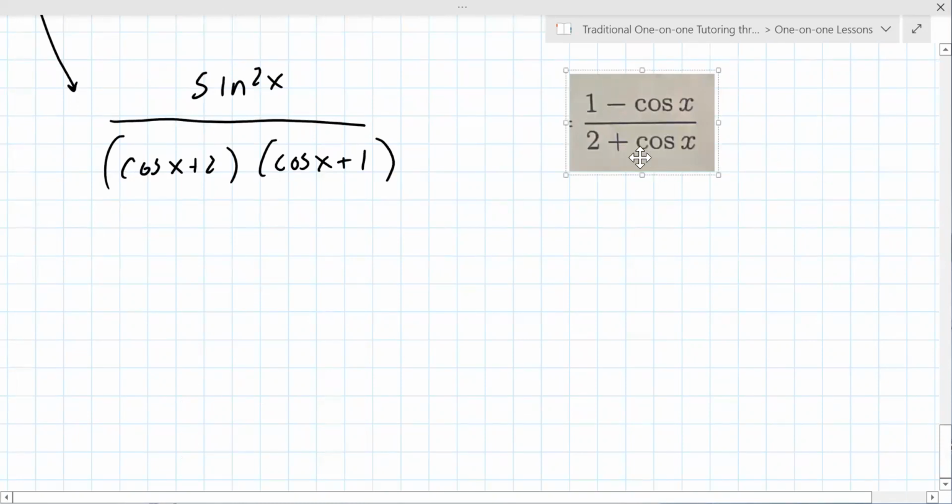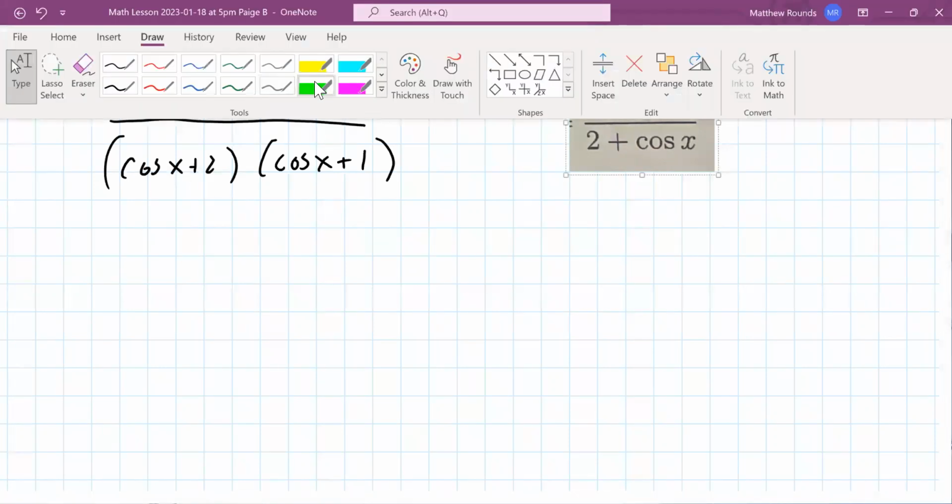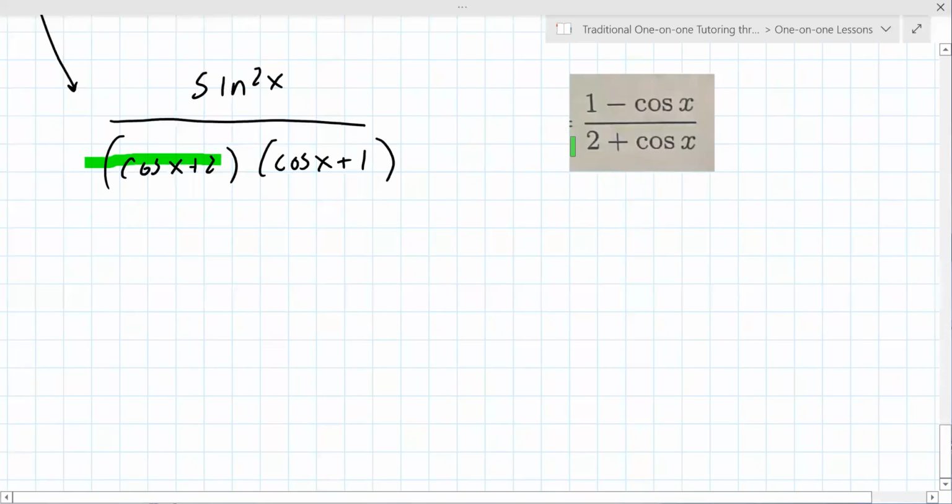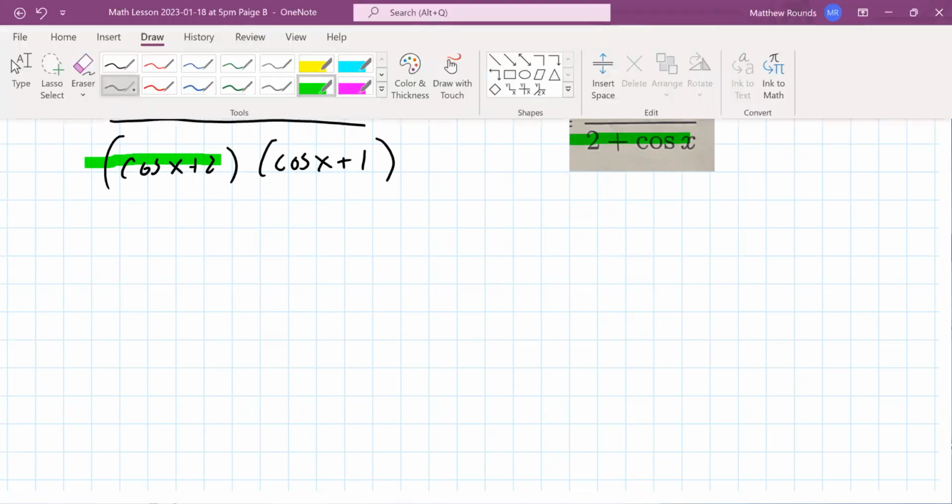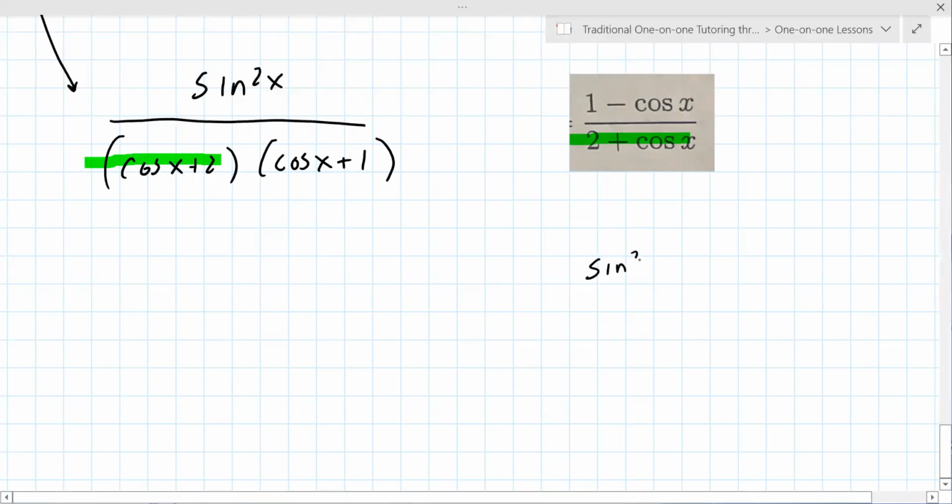So I guess what I was going towards here is you always want to keep in mind your target. You want to think, okay, I want this. What do I have? And you can see you actually have one piece of it already. You agree with that? Now with the sine squared x, you want to always go back to the first Pythagorean identity.